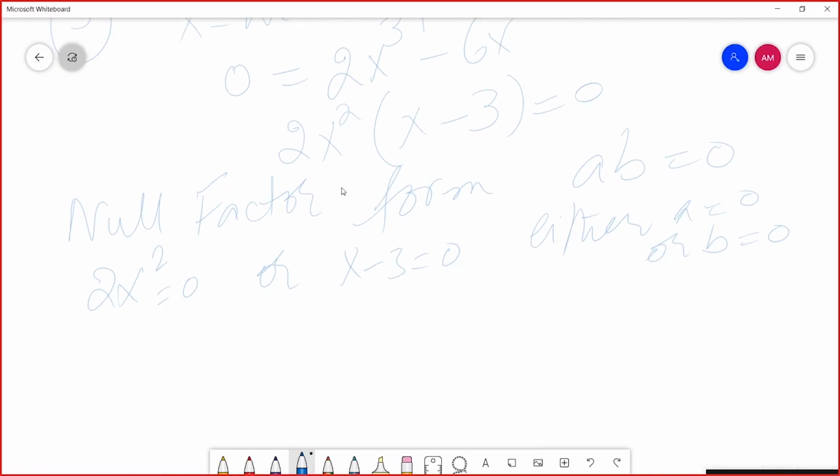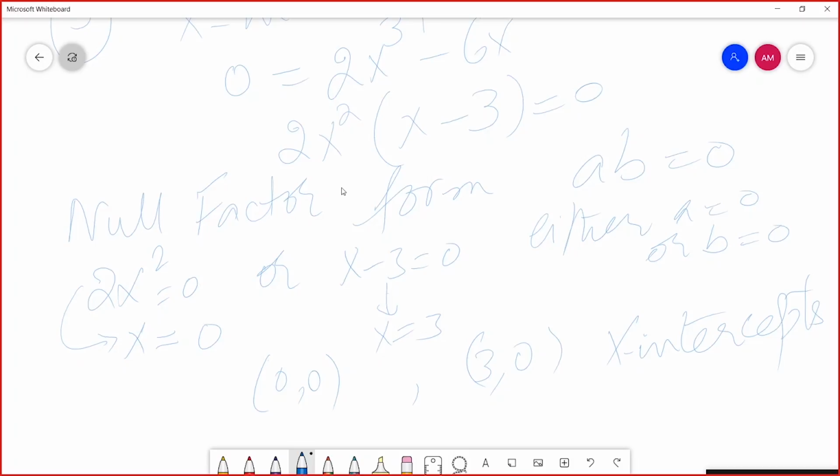So x is equal to 3, and the other is x equal to 0. So it means the graph is cutting the x-axis at two points, 0, 0 and 3, 0. These are the x-intercepts. Do you understand that?